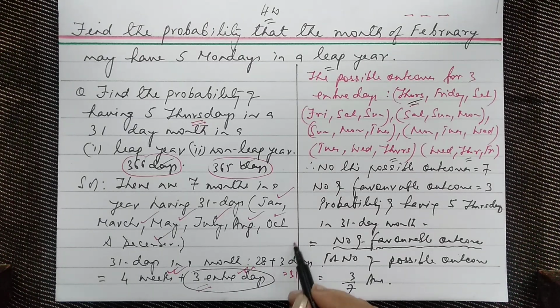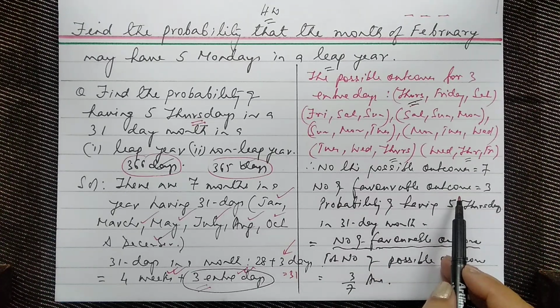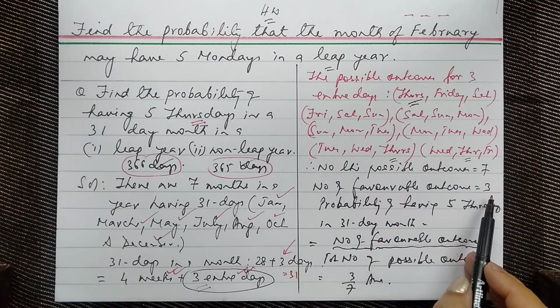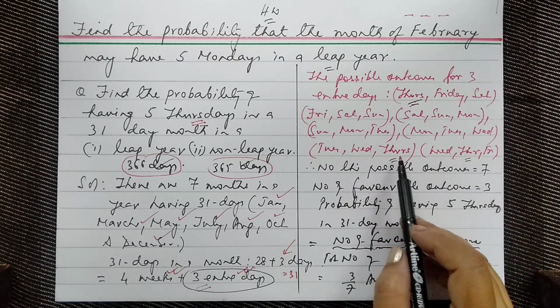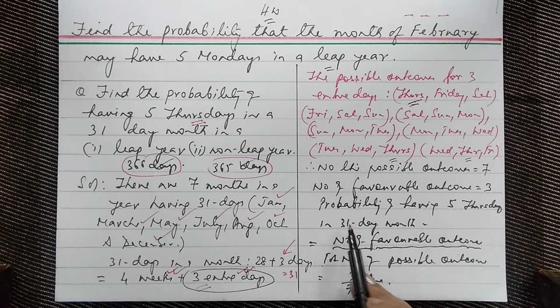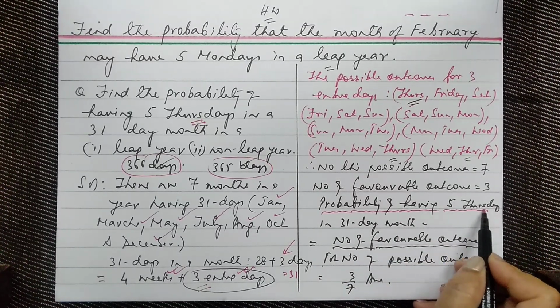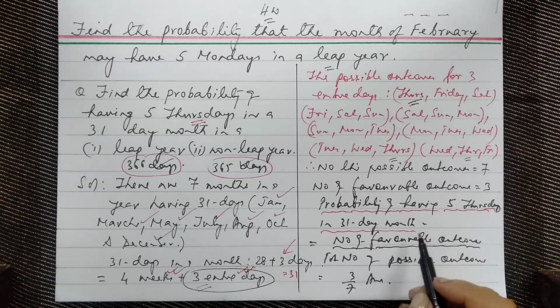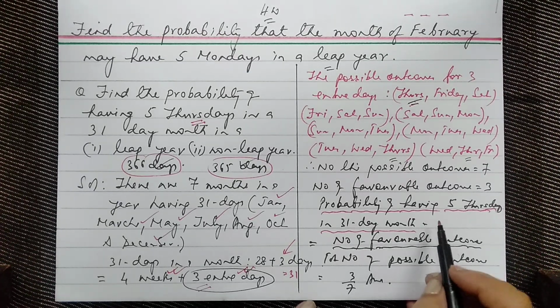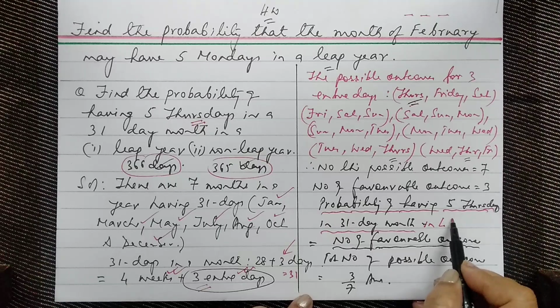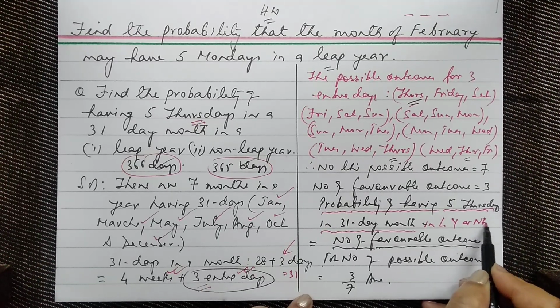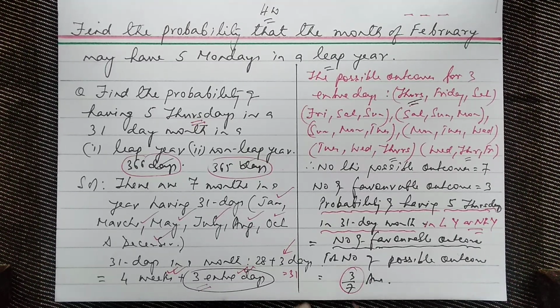So once again, we decide upon the combination of these 3 extra days, which will be the same as all these. The number of favorable outcomes will be 3, as we can spot Thursday here, here and here. So the probability of having 5 Thursdays in a 31-day month, in a leap year or non-leap year, would be 3/7.